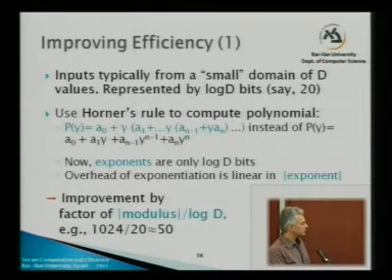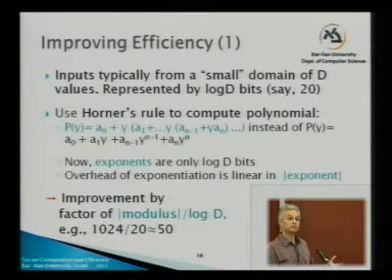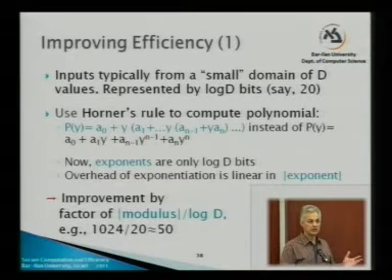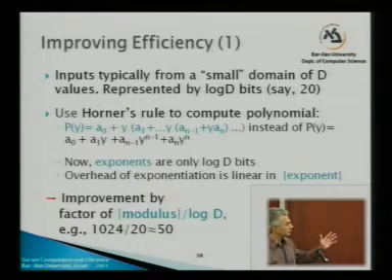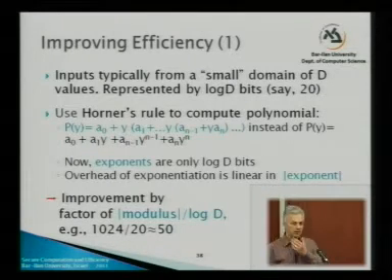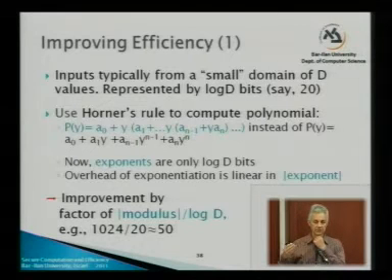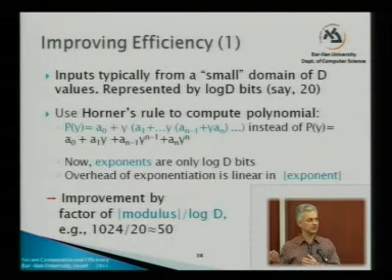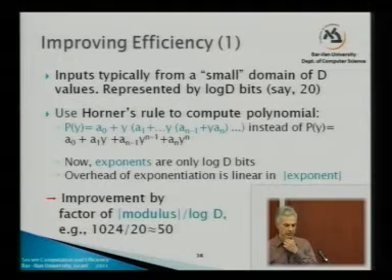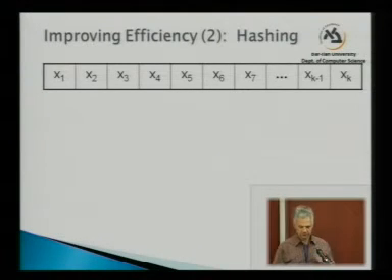Say if this is 1,000 and this is 20, we get an optimization of about 50. Okay? Which is constant, but this constant seems to matter. So now we get from n square long exponentiations to n square short exponentiations, but we can do better.